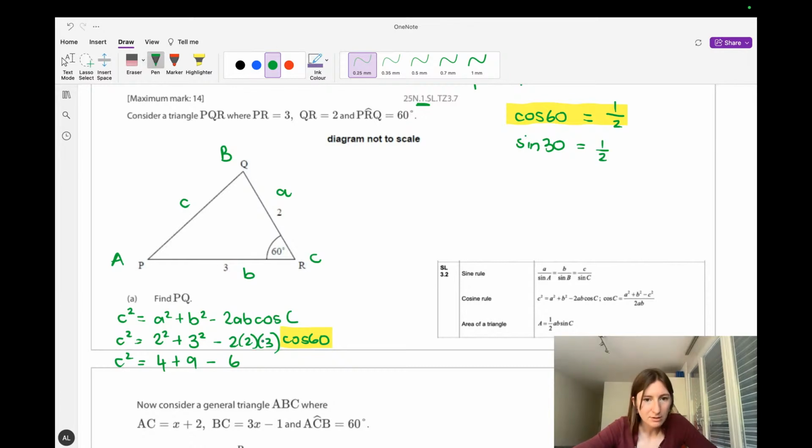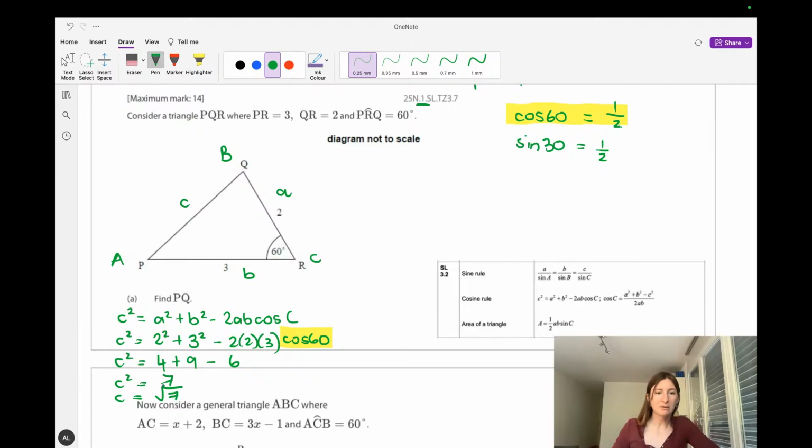And 2 times 3 is 6, 2 and 2, perfect. C squared equals 4 plus 9 gives us 13, minus 6 gives us 7. So don't forget to square root. One time, it gives us the square root of 7.